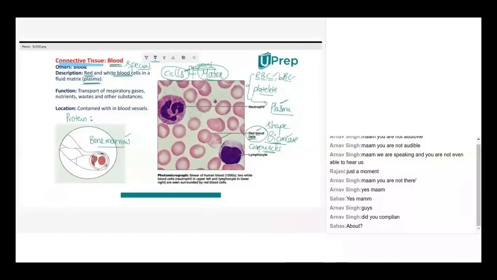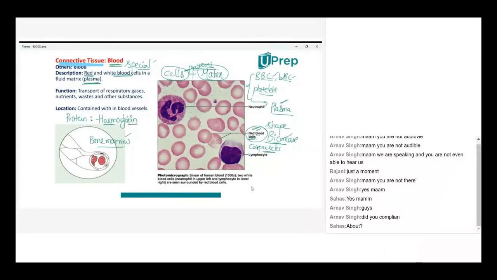Albumin. Okay. Albumin, other than that? Globulin. You'll find a protein called hemoglobin, especially in red blood cells.